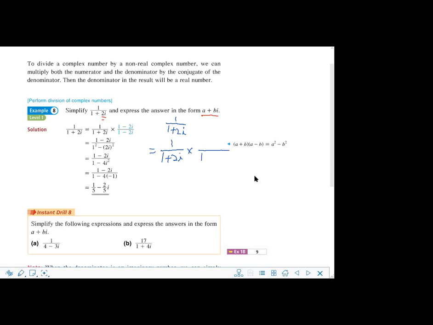Okay, it's 1 minus 2i, 1 minus 2i. When this fraction is multiplied by something over something the same, you did not change the value of that fraction, but you just change the format of that fraction.